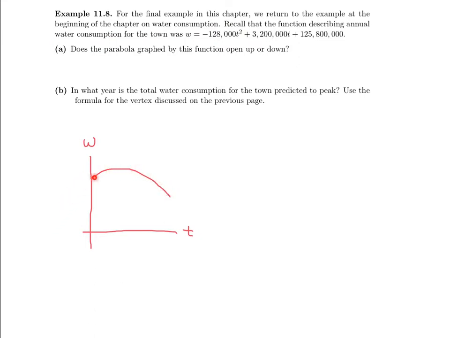When we graphed this function earlier, it appears to be a downward opening arch. So here a is equal to minus 128,000, which is negative. So in this case, the parabola should open downward.